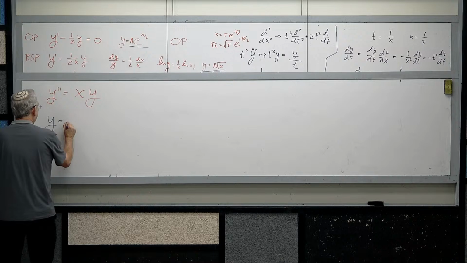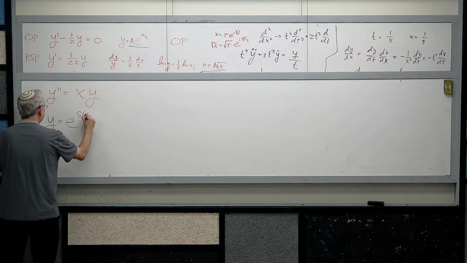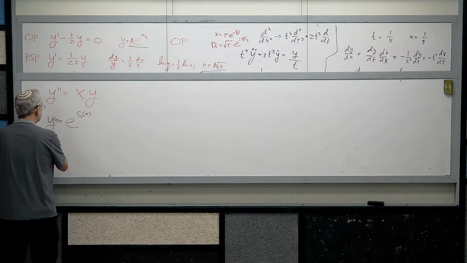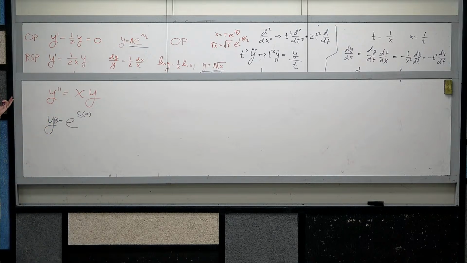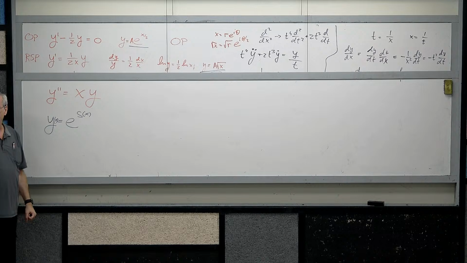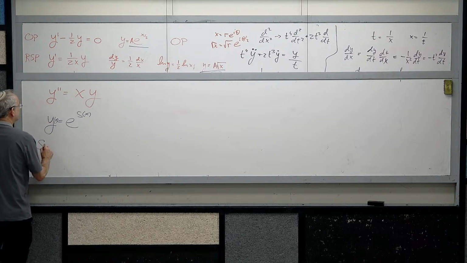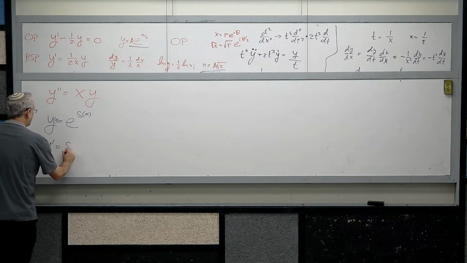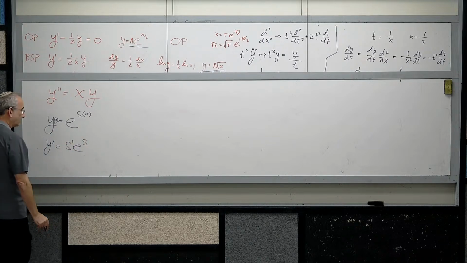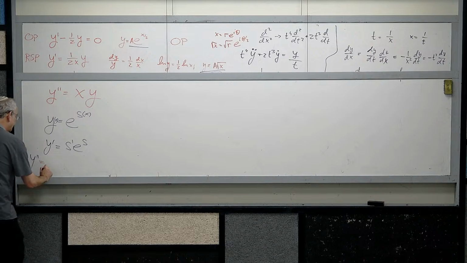First of all, this is just a technical trick, but important. Let's write y of x equals e to the s of x. This is for free, right? And how will the equation look? y prime is s prime times e to the s. What is y double prime?